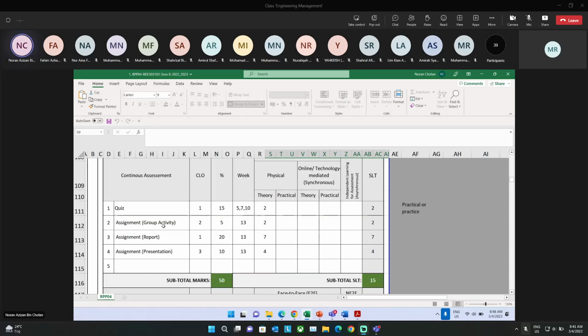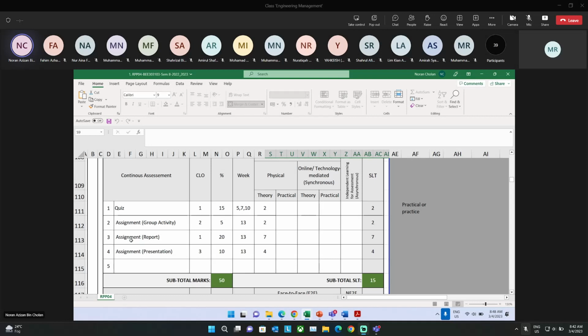About the assessment, we have carry mark and final exam. Carry mark is 50 marks. Quiz gives 15 marks. And then assignment.